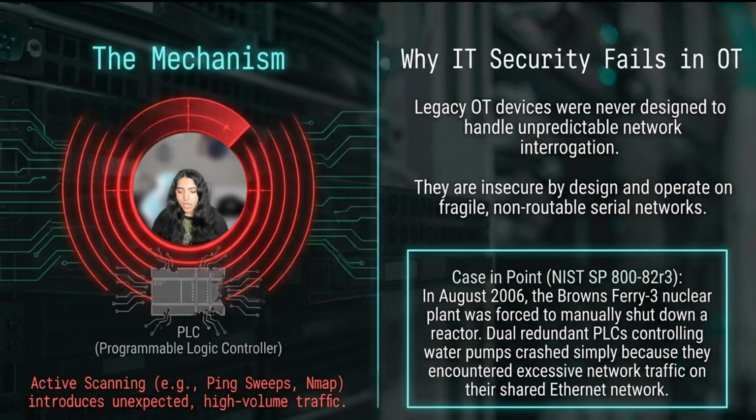One of the examples is in August 2006, when the Browns Ferry 3 nuclear plant was forced to manually shut down a reactor. One of the main reasons they figured out was the dual redundant PLCs. We're going to talk about this in more detail.